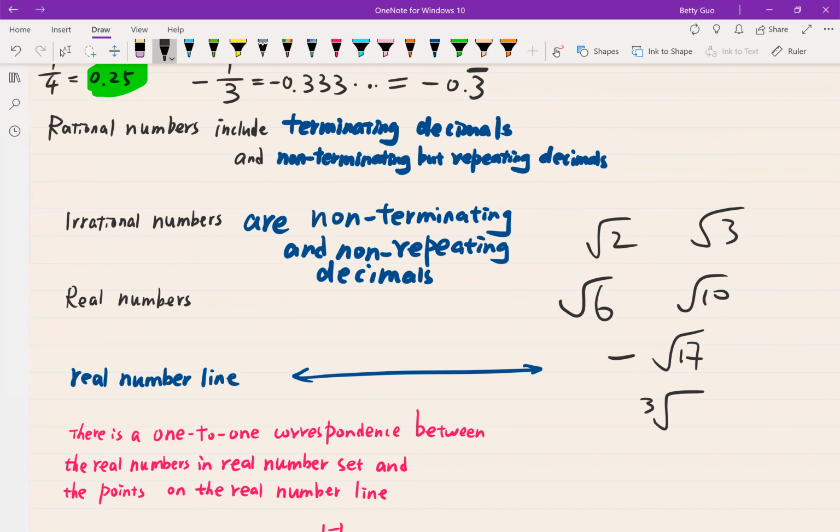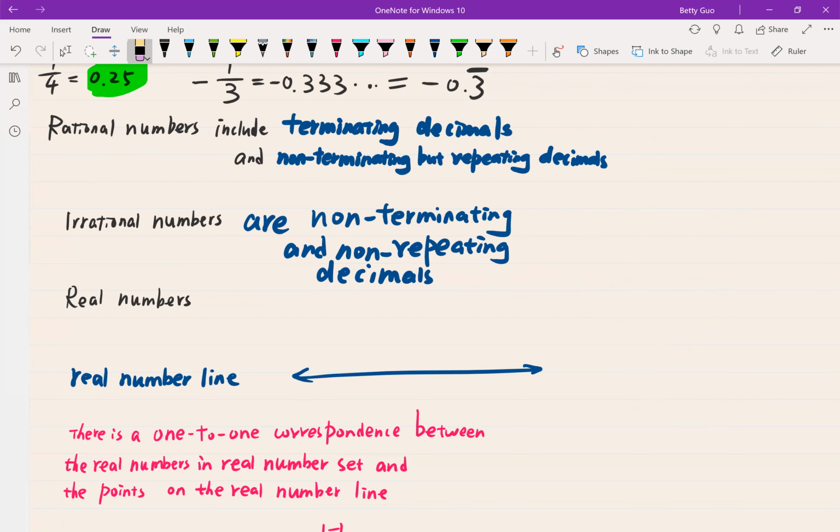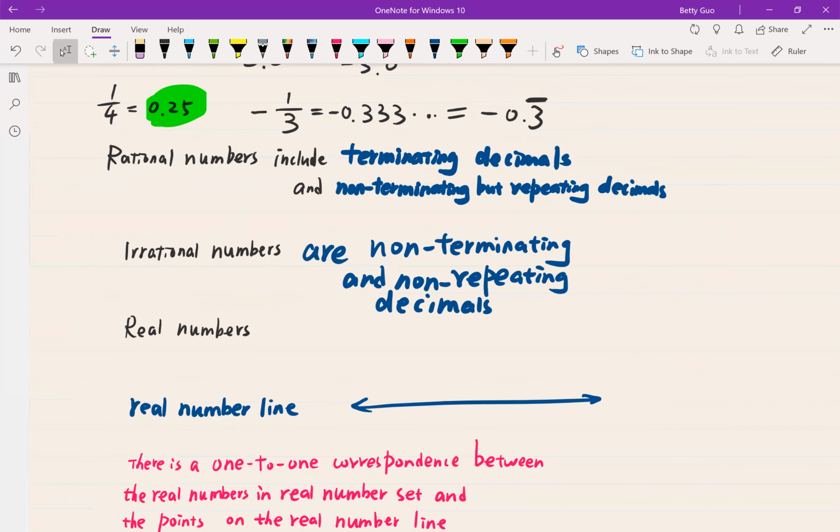We have infinitely many, uncountably many of them. If we convert those numbers to decimals, those decimals are non-terminating, non-repeating decimals. So those are irrational numbers. Just to let you know, we have infinitely many, uncountably many irrational numbers.